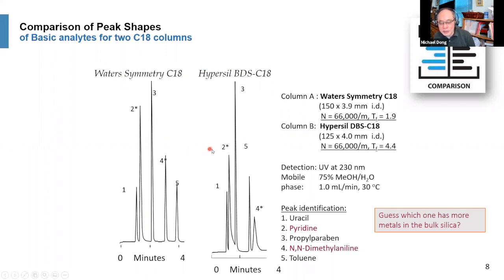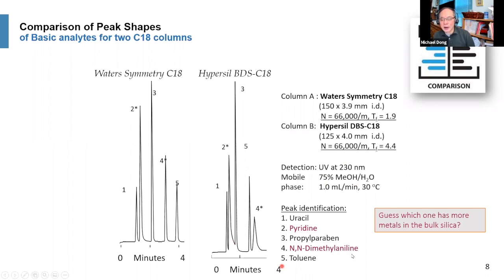You can see that I injected 5 compounds, a mixture, and 2 of them are basic: pyridine and dimethylaniline. The others are neutral. You can see that both columns give very good plate counts for the neutral compounds. We are just using methanol and water without any ionic additive, without any acidity, basically. We didn't adjust anything. So this is what happened.